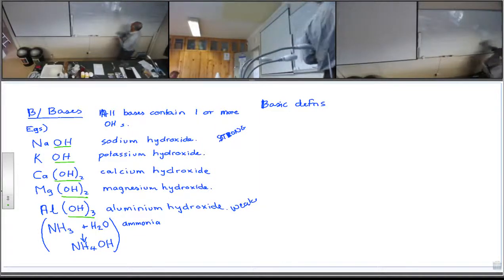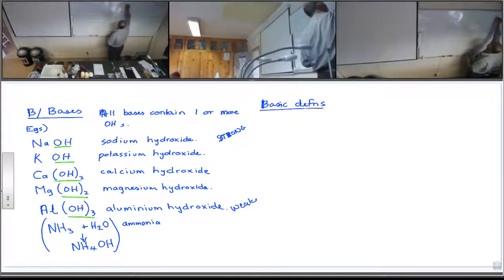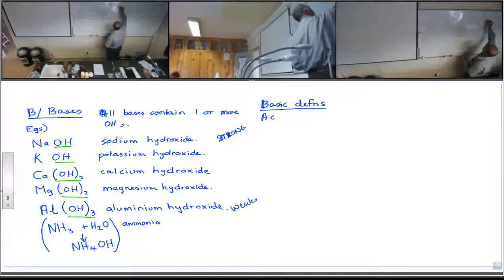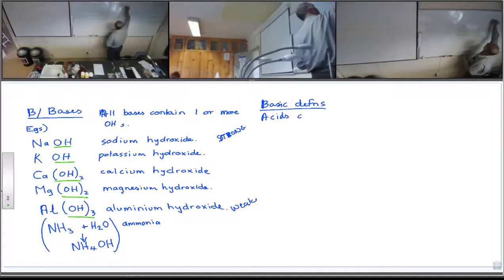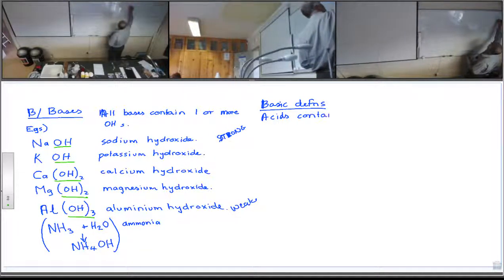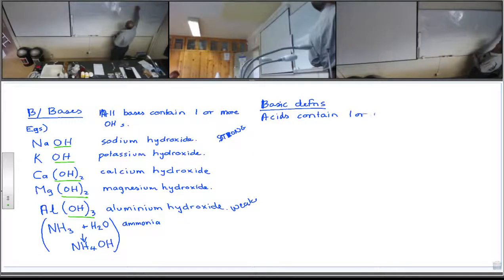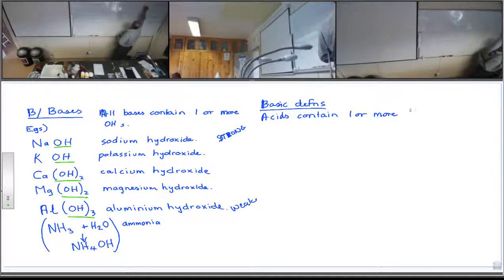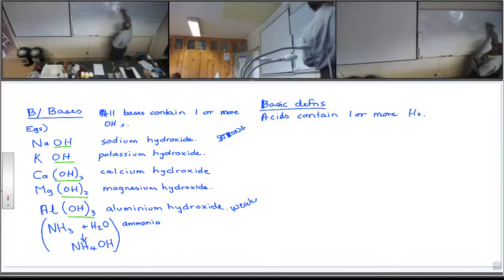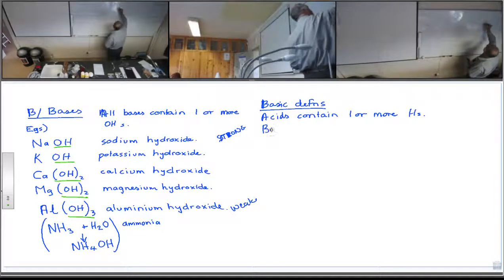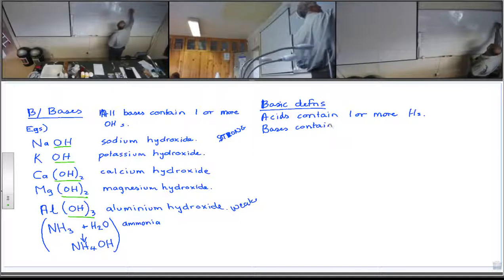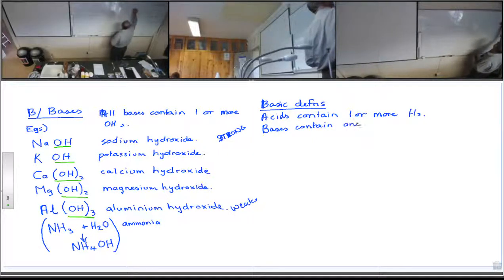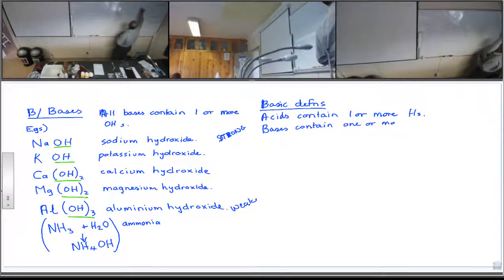Okay, basic definitions. Acids contain one or more H's. Bases contain one or more OHs.